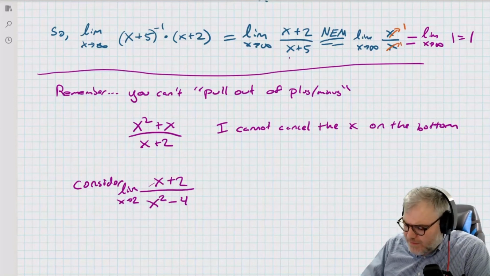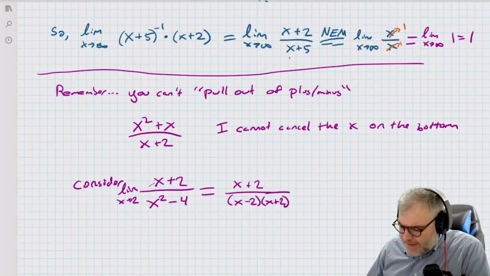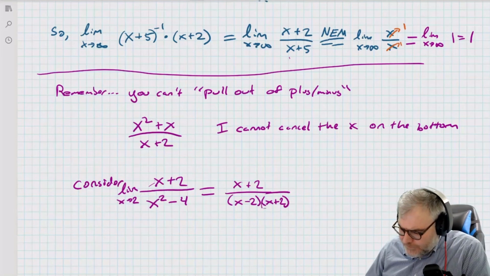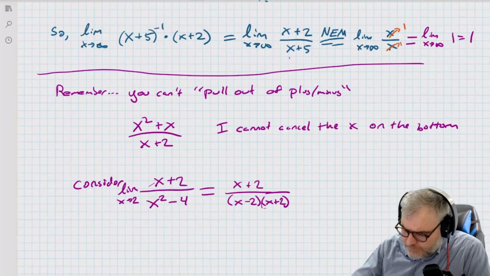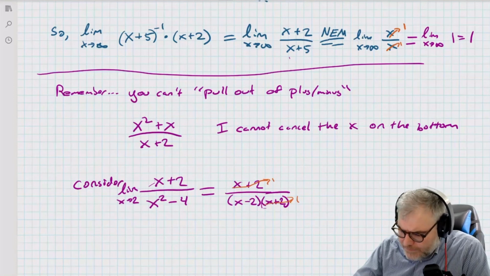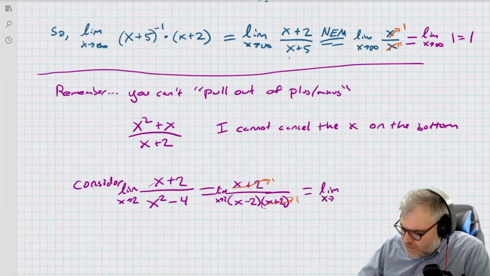I have to factor out the bottom. Okay? Now, I can cancel the group. And I would advise you to remember that this goes to 1. I need the limit sign. I forgot the limit here. Equals the limit as x goes to 2 of 1 over x minus 2.